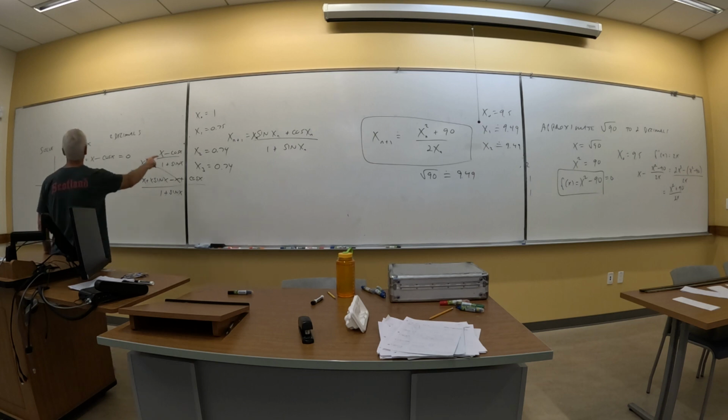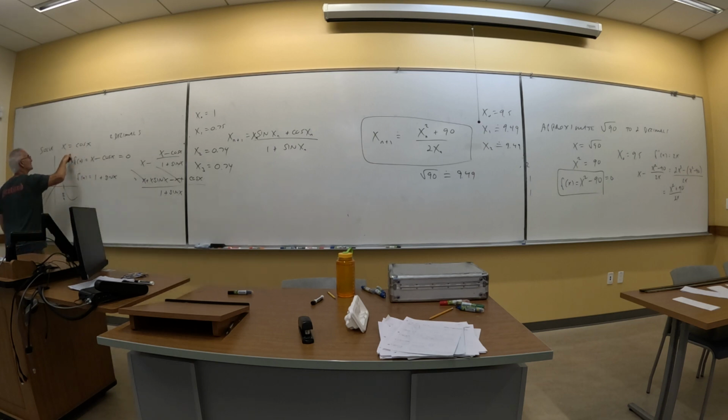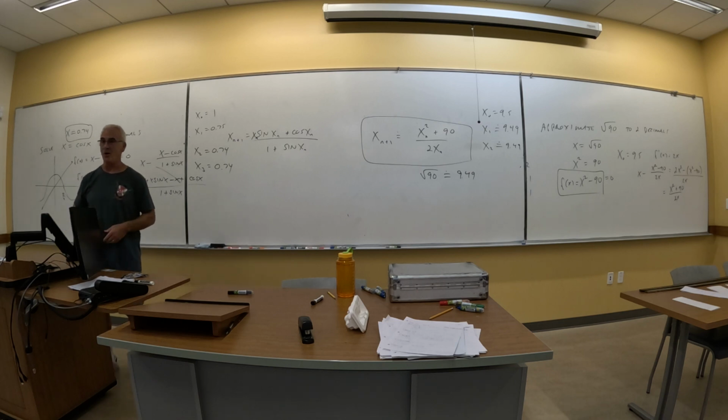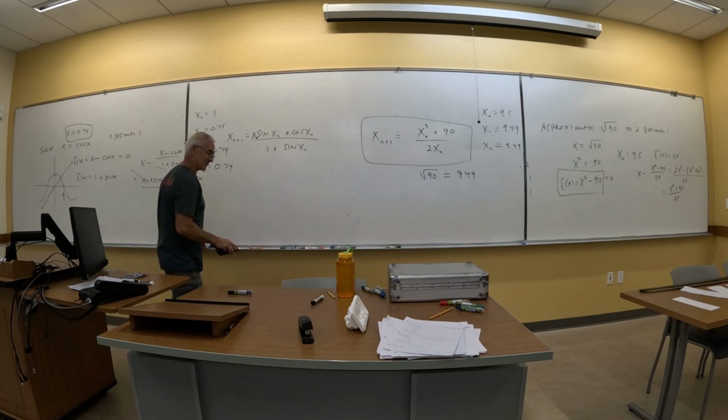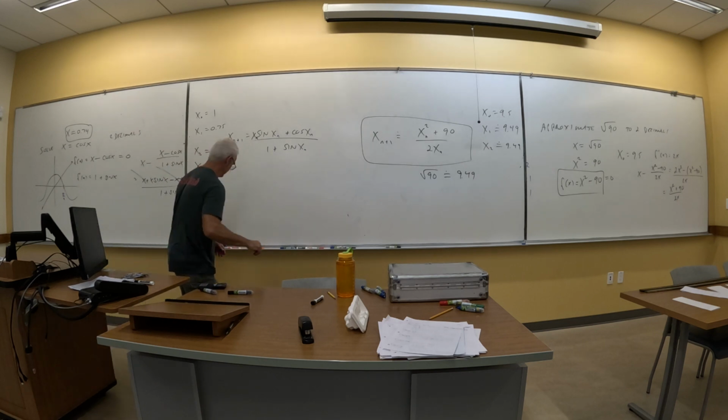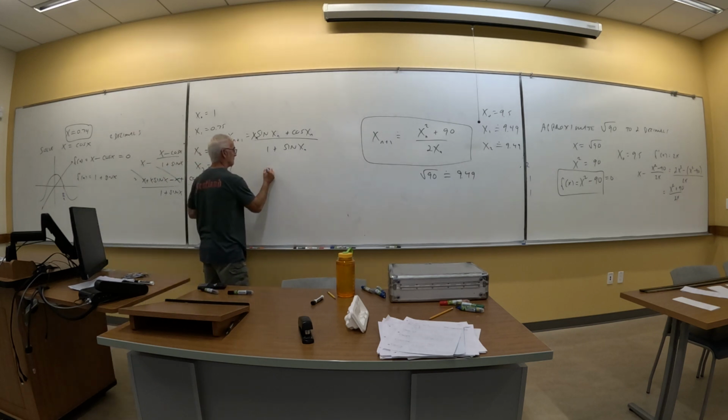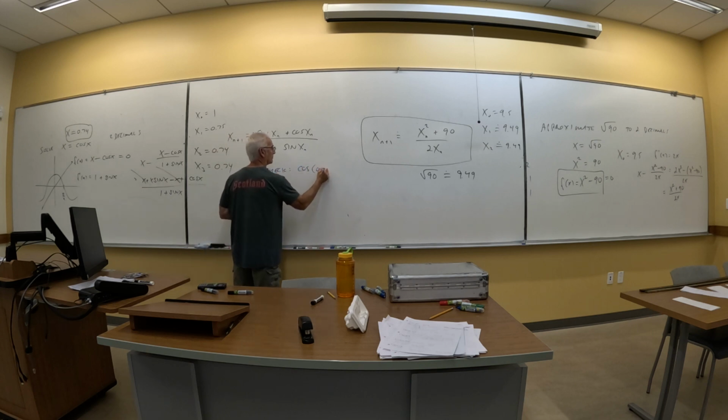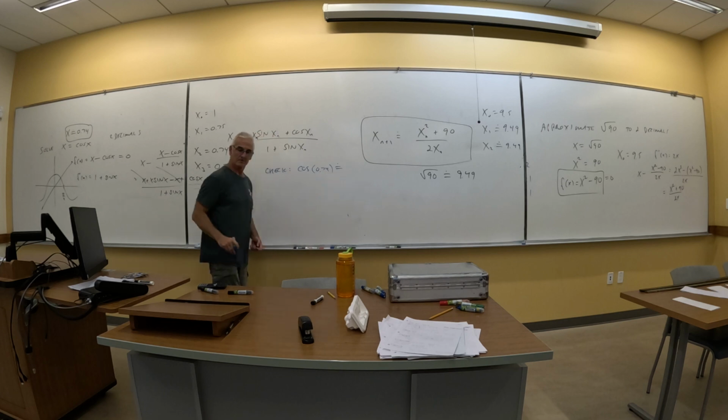So what are we saying now? The question was to solve this. Our answer is x is approximately 0.74. This check is as easy as it can get. All I need to do is take the cosine of 0.74. Here's my check. What is the cosine of 0.74?